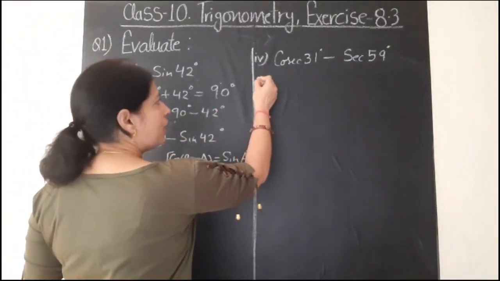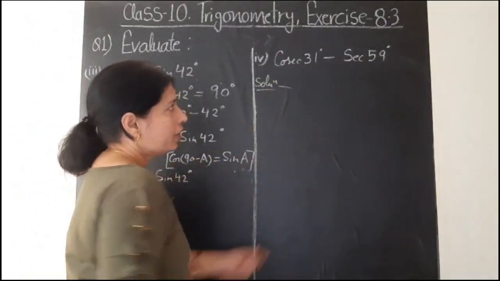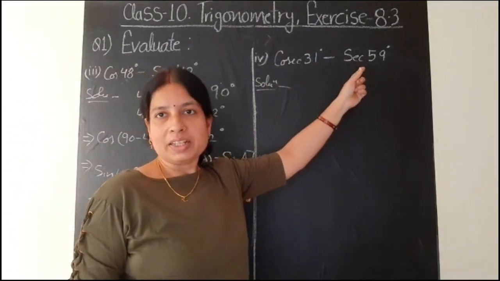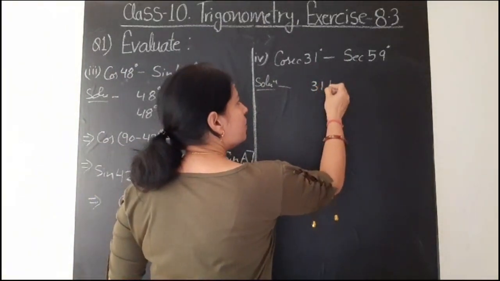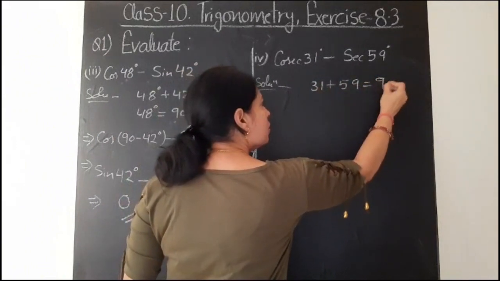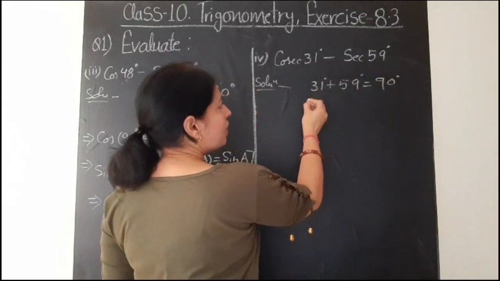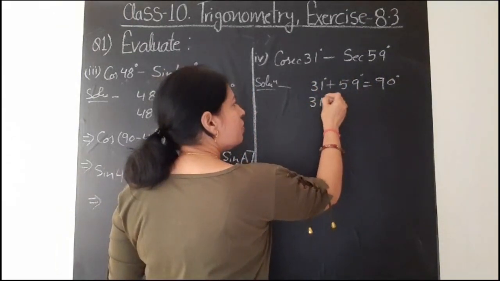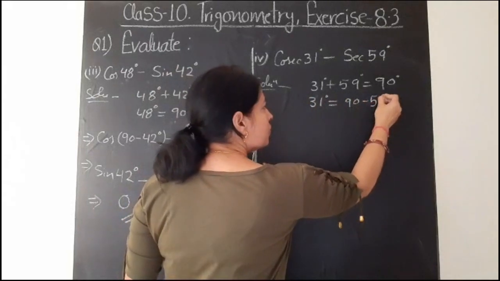Then fourth part. Here also 31 plus 59 is equal to 90 degree. So write here 31 plus 59 is equal to 90 degree. So in place of 31 we can write 31 degree is equal to 90 minus 59 degree.